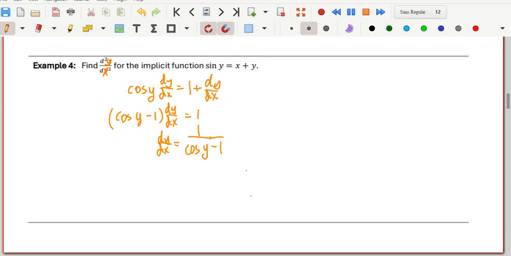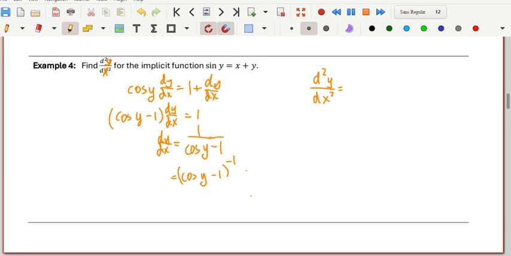Okay, so let's find d squared y dx squared. This feels just like a random problem thrown in. Two ways to do this: quotient rule, or I could refer to this as cosine y minus 1 to the negative 1 power. So let's make this equal to cosine y minus 1 to the negative 1 power. So chain rule says I've got to take the derivative of the inside first.